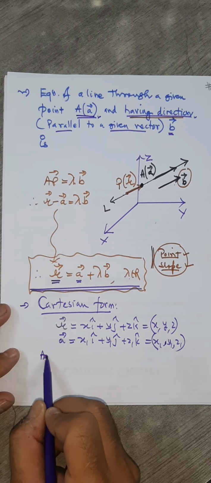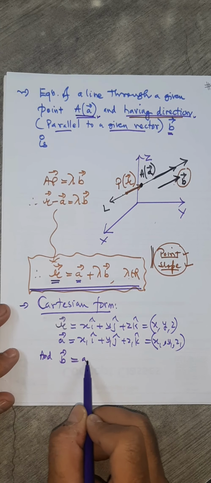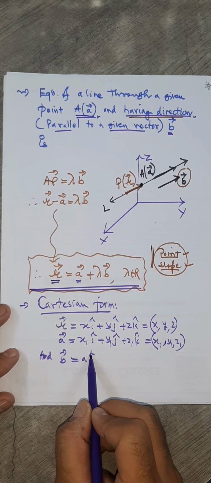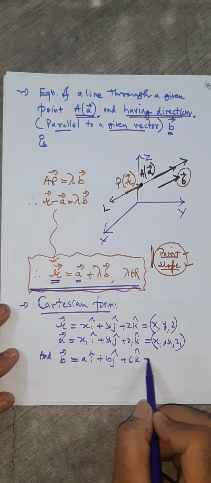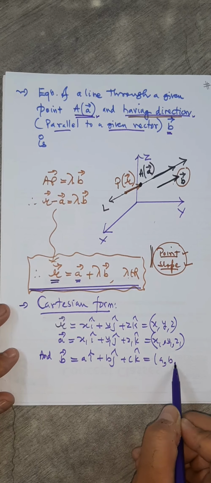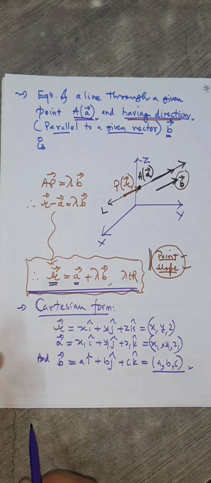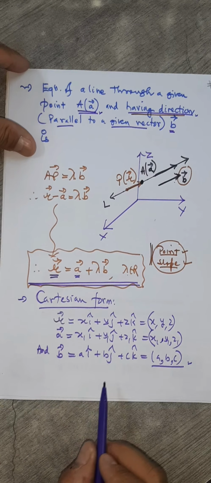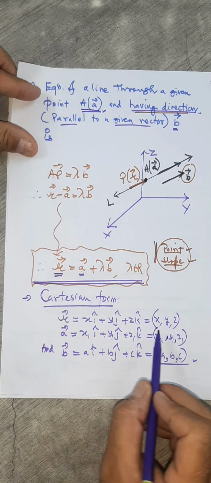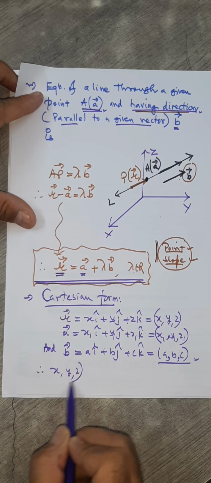And what about the direction here? That's vector b. That is given by what? Let's take a i cap plus b j cap plus c k cap. So here the direction will be this a, b, c. Direction of the line will be this. If I place these values here, what is the left hand side? That is x, y, z.